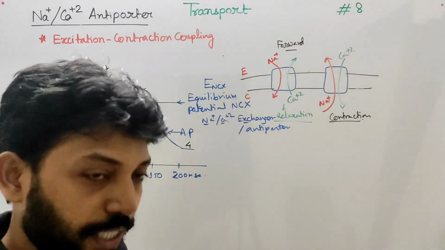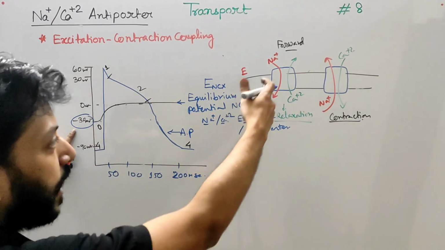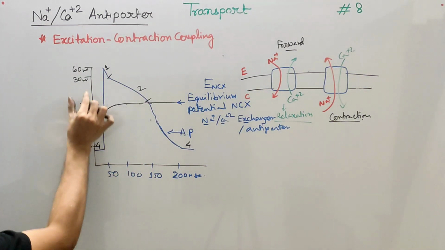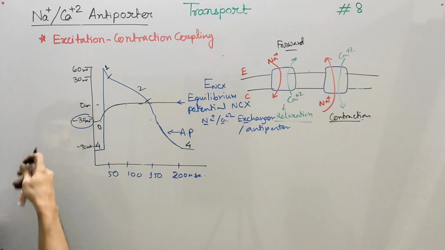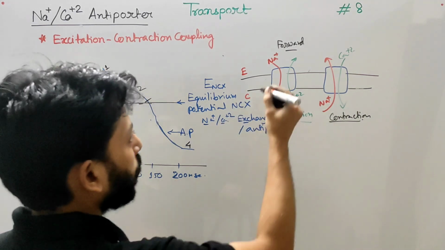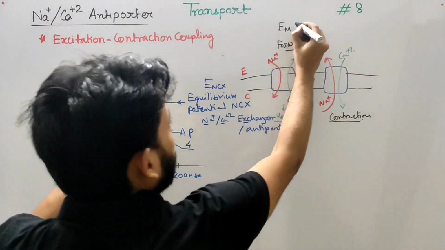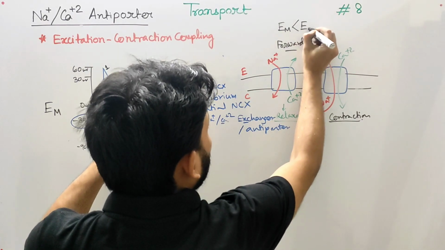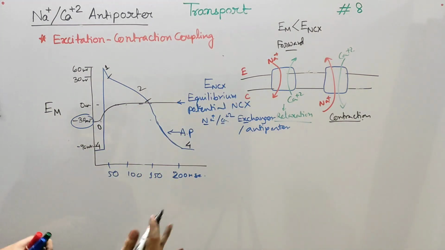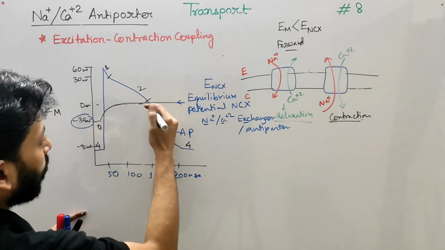Now what does it mean? It means at this membrane potential, minus 30 millivolt, this antiporter will not work. It will stop working. Now this represents the membrane potential. In short, we call it EM. Now remember this: when the membrane potential is less than the equilibrium potential of this exchanger, then forward movement occurs.